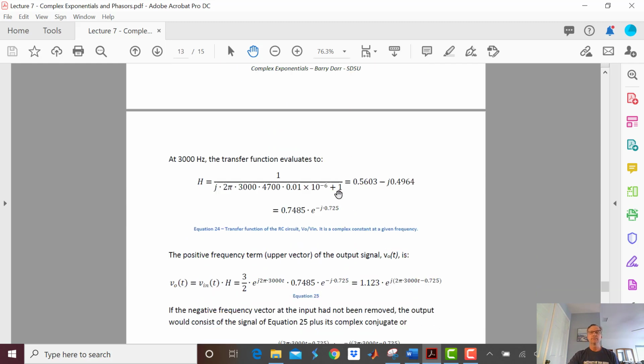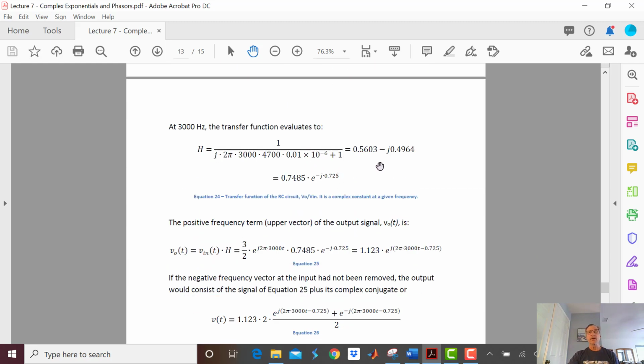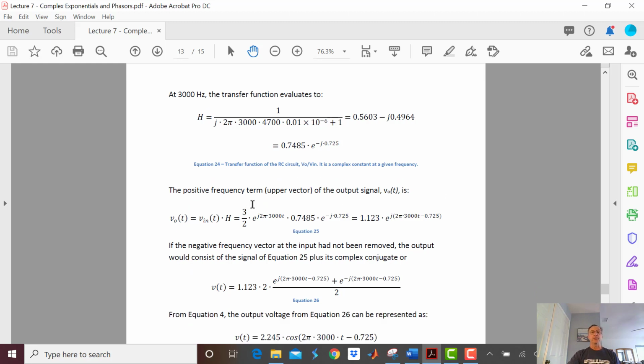Here it is. So the positive frequency term of the output signal is just going to be V in times H. And you notice I didn't say H of omega here, because we calculated our H as a constant since we evaluated it at 3000 hertz.